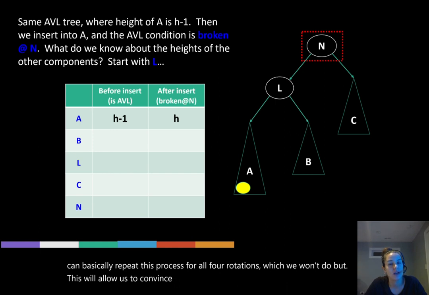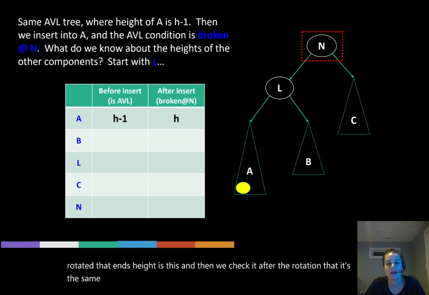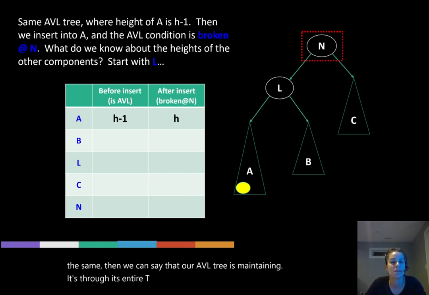If we know that before the tree is rotated n's height is this, and then we check after the rotation that it's the same, then we can say that our AVL tree is maintaining, through its entirety, the AVL condition.